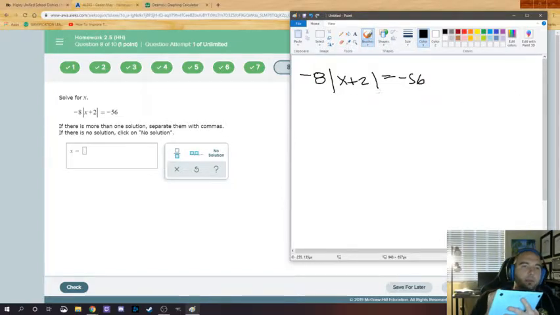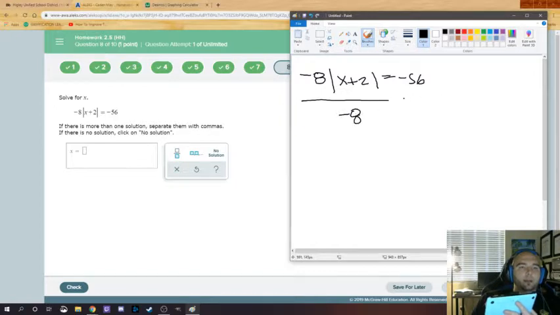First of all, it's negative on the right, which makes you go, oh no, no solution. But actually, you can't make that decision until this is alone. And by alone, I mean just an absolute value. We have negative 8 not inside it, so we have to get rid of that. You may need to add, subtract, or possibly multiply. But in this case, we need to divide, because this negative 8 is really multiplying that group.